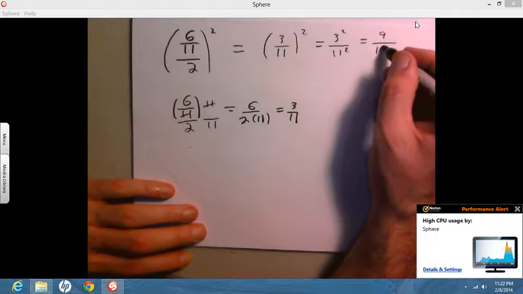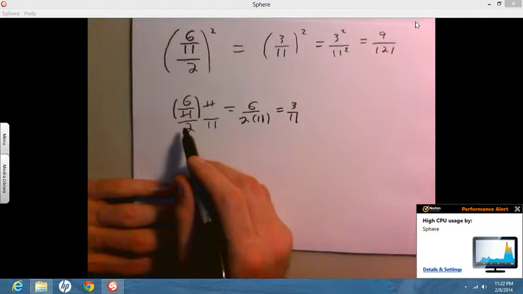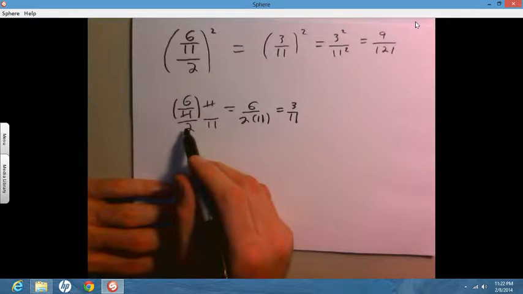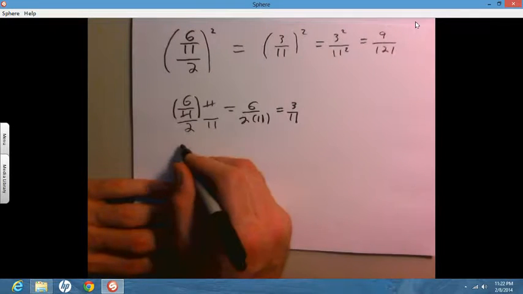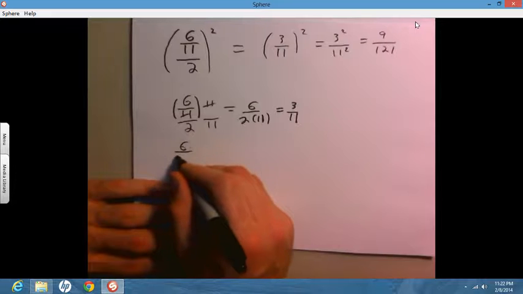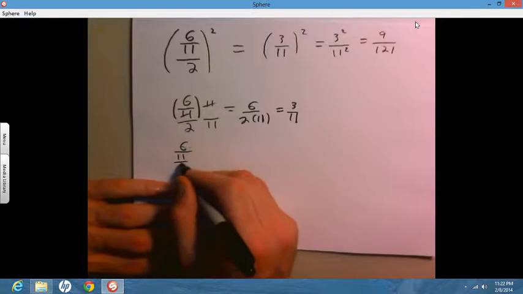Notice I didn't do the bottom two numbers first. Okay, notice I didn't do that. If I wrote 6 divided by 11 divided by 2, this is completely different.